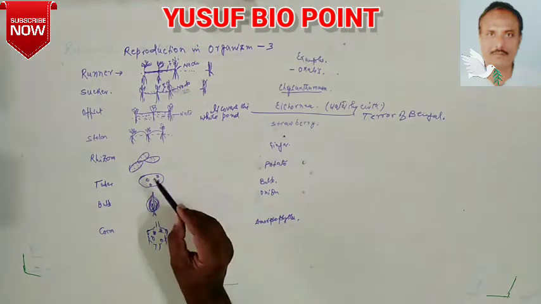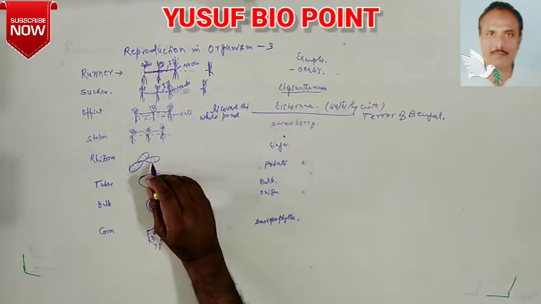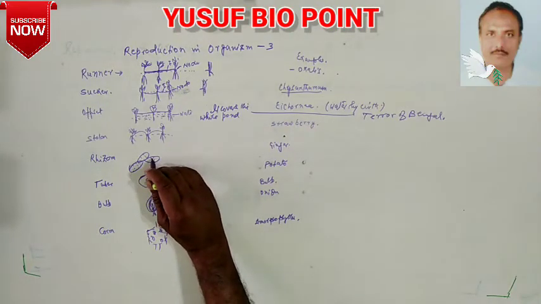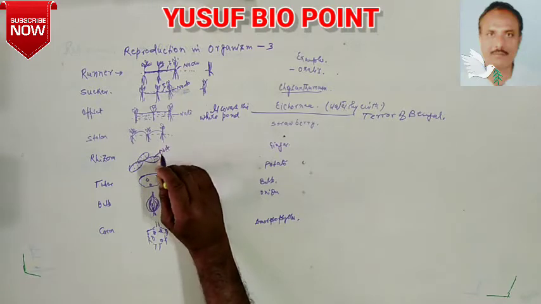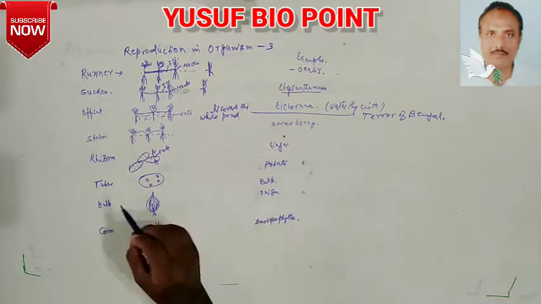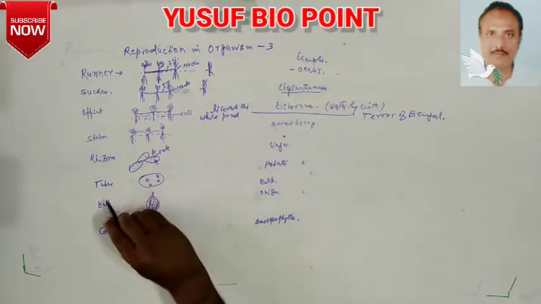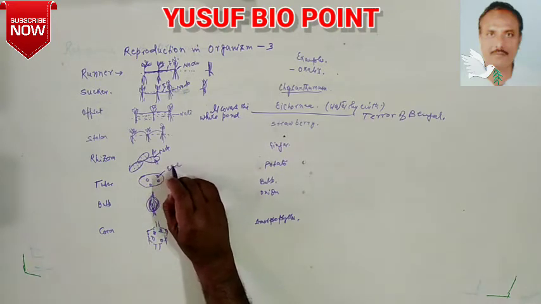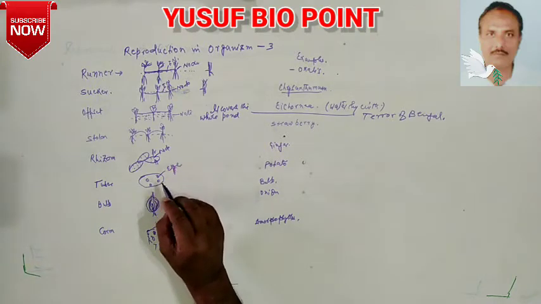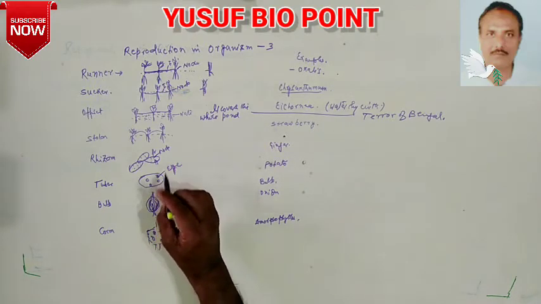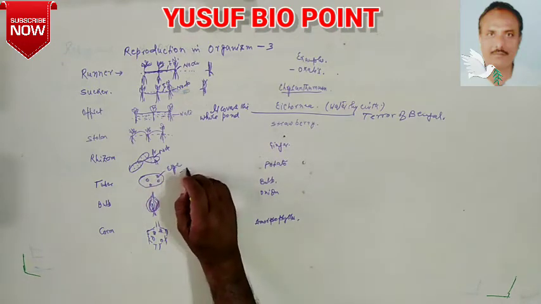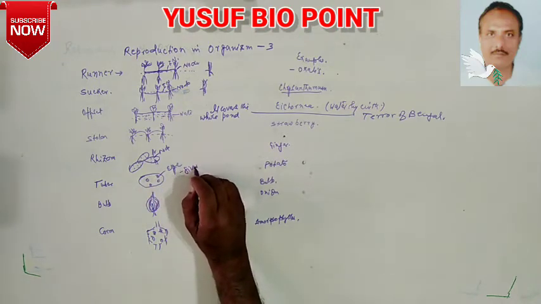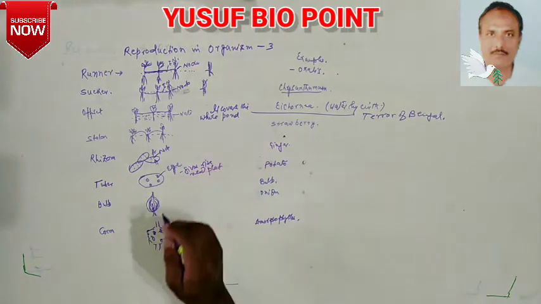Next one is rhizome. It is an underground modification of a stem. In these lines you have seen, there are the nodes, and from these new plants develop. Example, ginger. Next one is tuber. You all know about it. In that some nodes are present, called eyes, and these eyes are buds from which new plants arise.